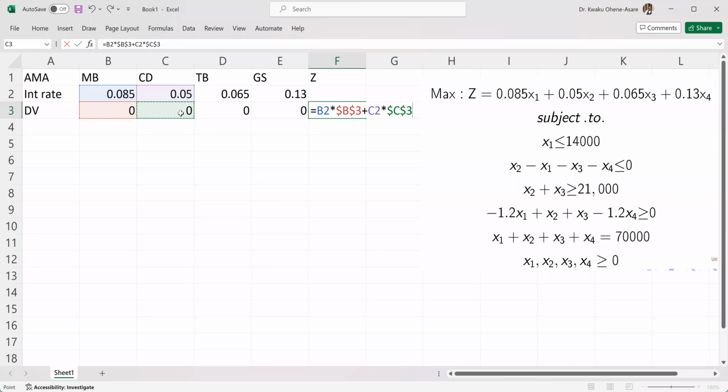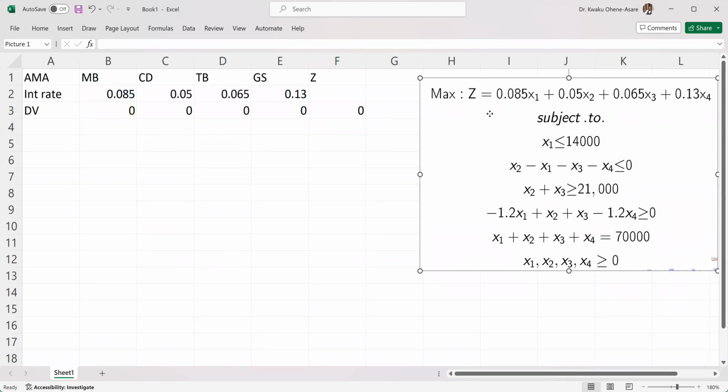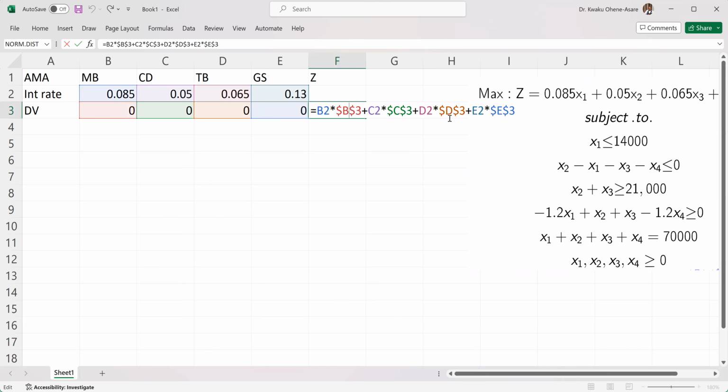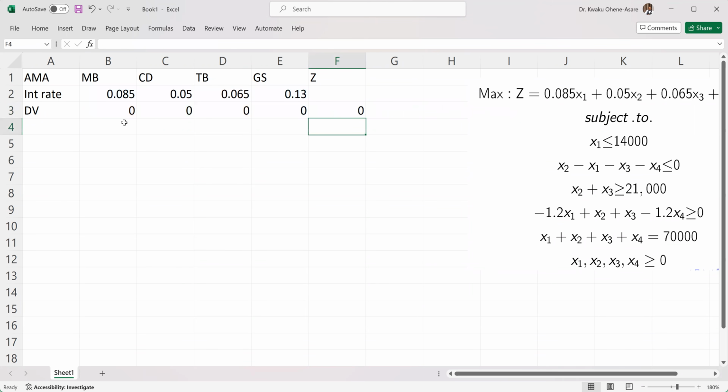Then plus, take the next one, bring the times, select the 0, then FN F4 key. Then plus the last one, bring the times, select the 0, then FN F4 key. You enter. And when you enter, you see all of these things. When you double click the formula, you see the formula all correlated. I know you know the essence of it.